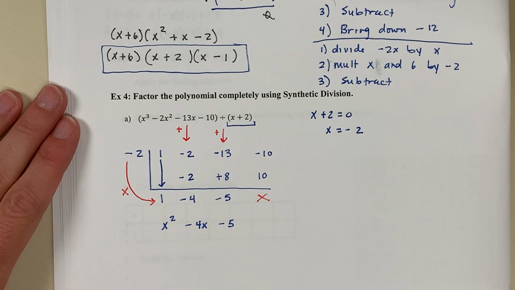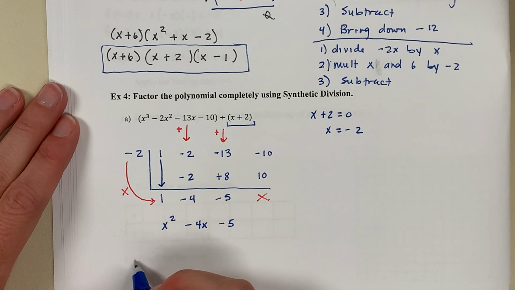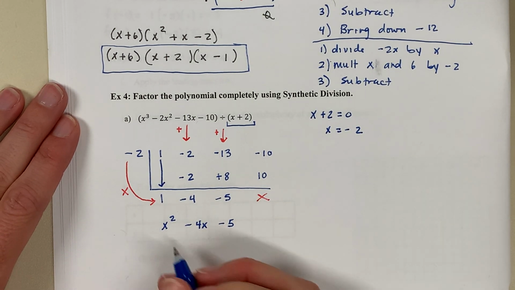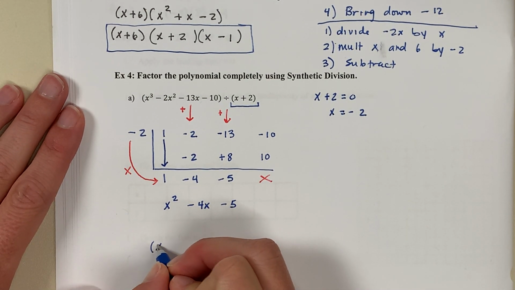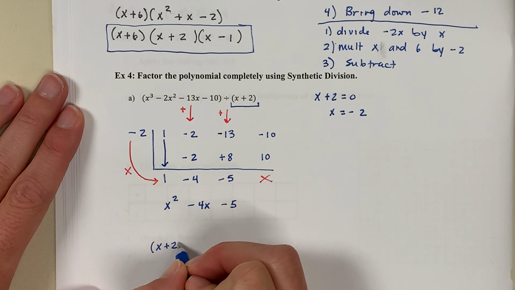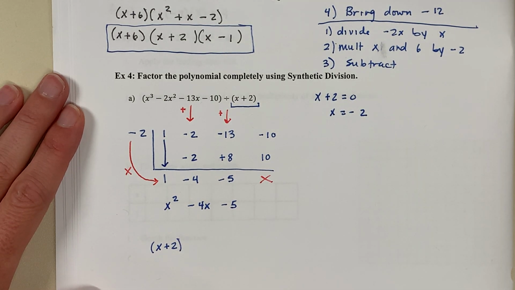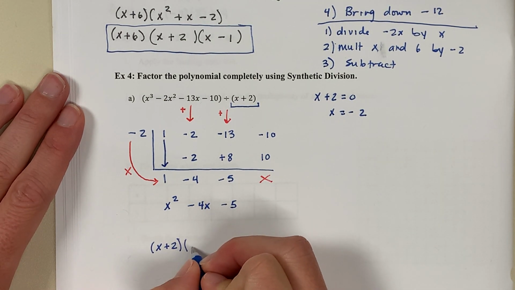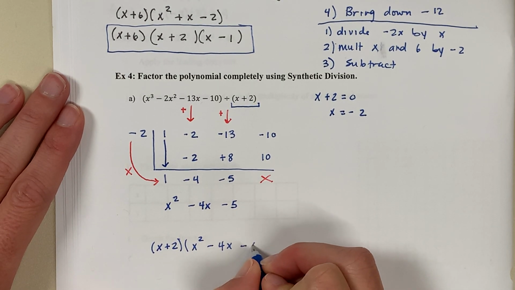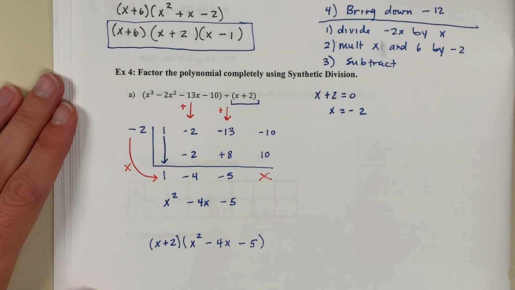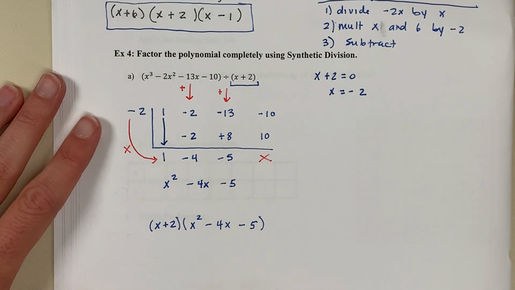Now, if I'm going to factor this completely, I'm going to write this as the product of the linear factor and the quadratic factor. My linear factor I divided into the original polynomial was x plus 2. And the polynomial I got in return is x squared minus 4x minus 5. If it's possible, I need to factor the trinomial.